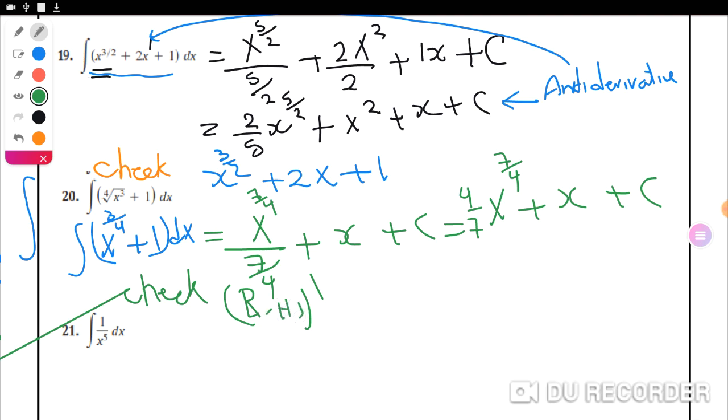It will be multiply this one by this one, any number multiplied by its reciprocal is 1, x to the power 3 over 4 minus 1 plus 1, it will be the same as the integrand function. I think it's so trivial.